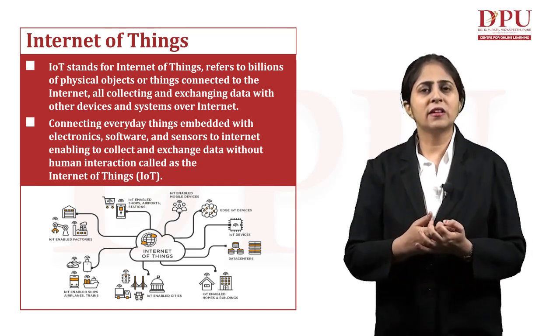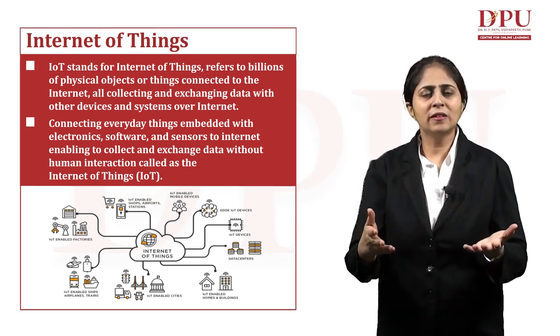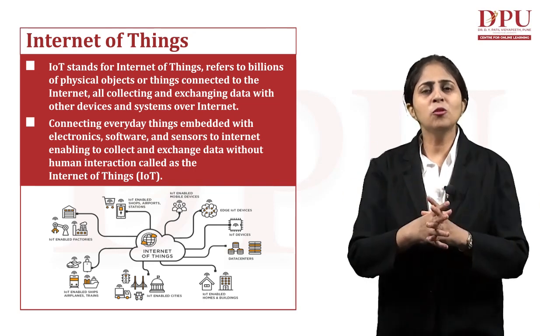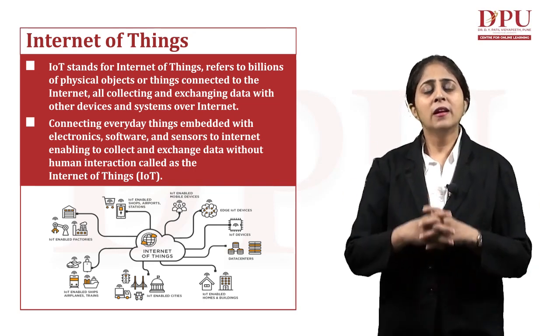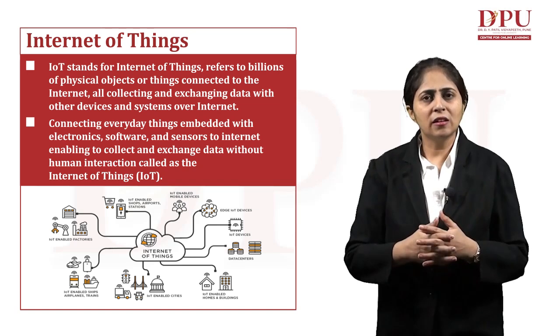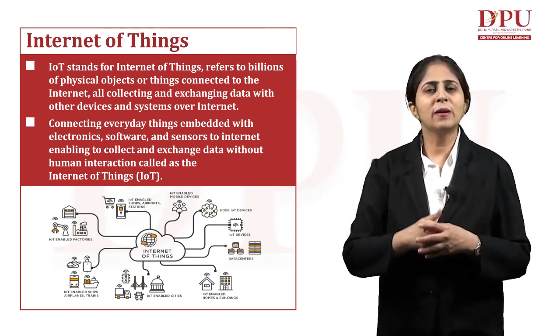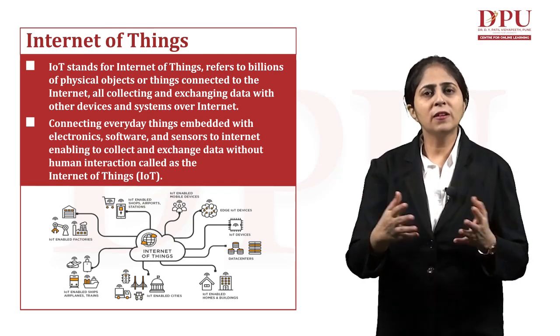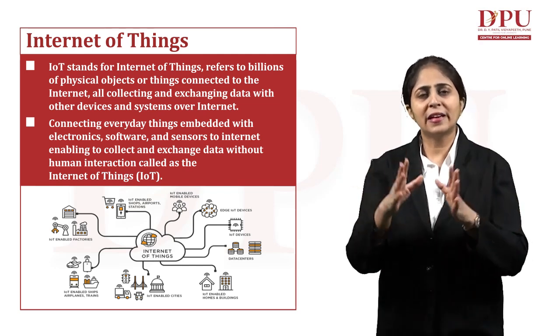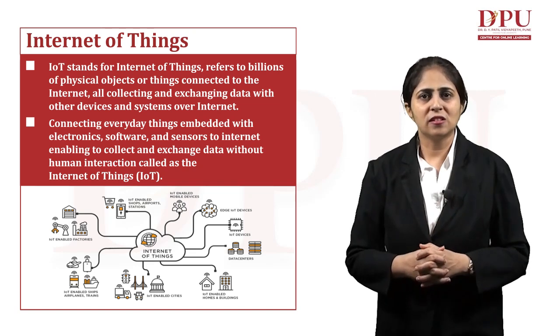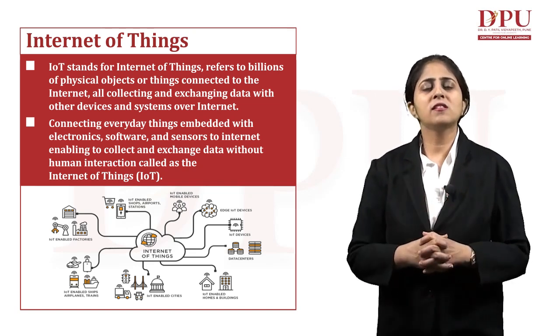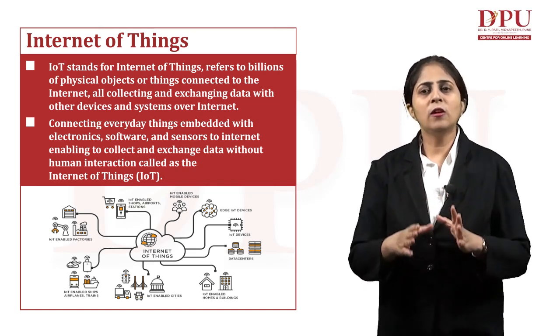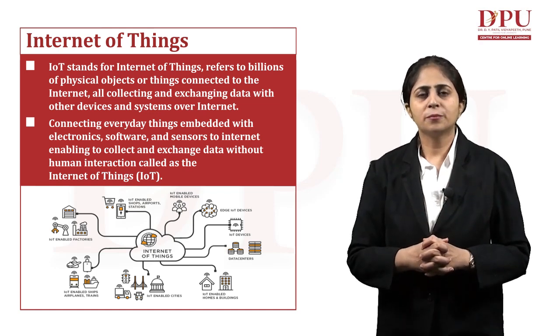There is no human interaction required for them to exchange the data. They are automatically exchanging the data, receiving the data from one device to another. This is all happening with the help of various software and various sensors connected within these devices. So this is what we call IoT, Internet of Things.